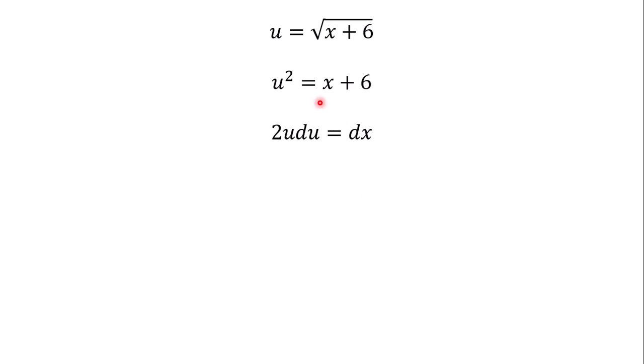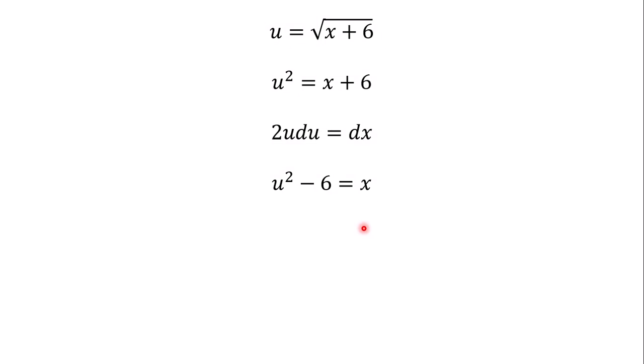So let's make x the subject from this equation and then know what is going to replace the other one. When you make x the subject, we're going to bring this one to this side, and x will be equal to u squared minus 6.